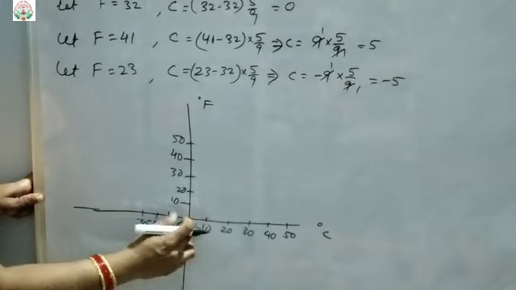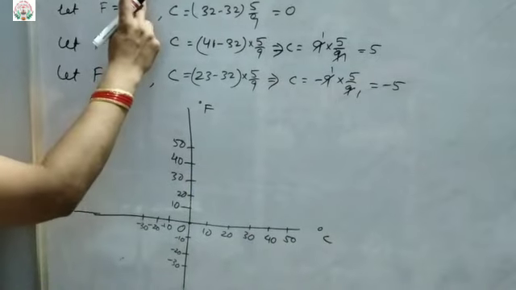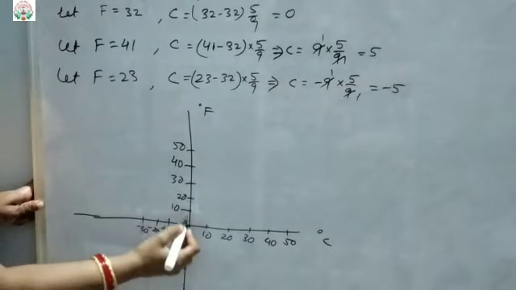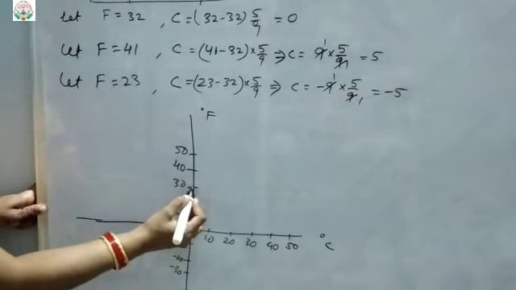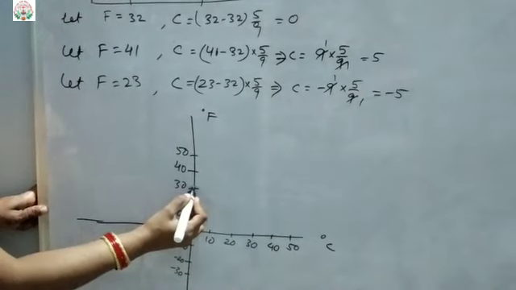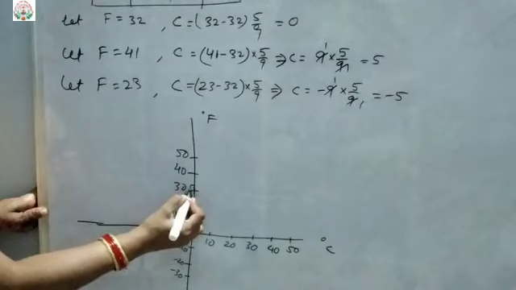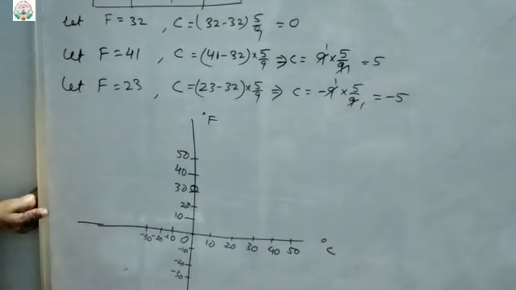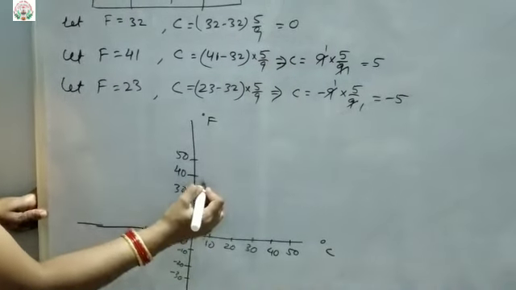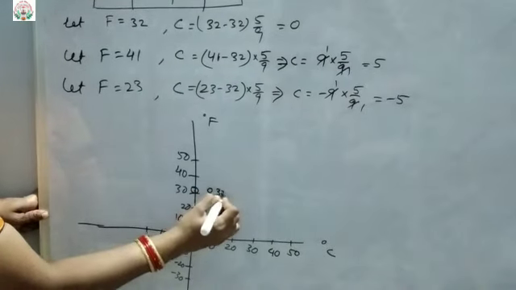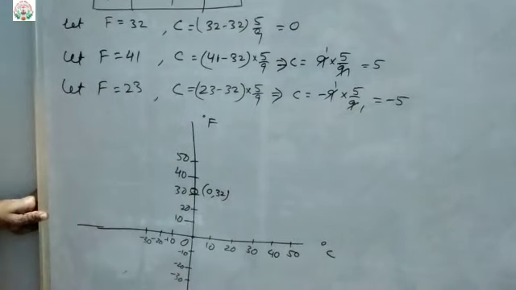So when it is 0, what is the value of y? That is 32. 32 means after 30, small boxes, 1, 2, that is 32. So what do you write here? 0 and 32. The point came.